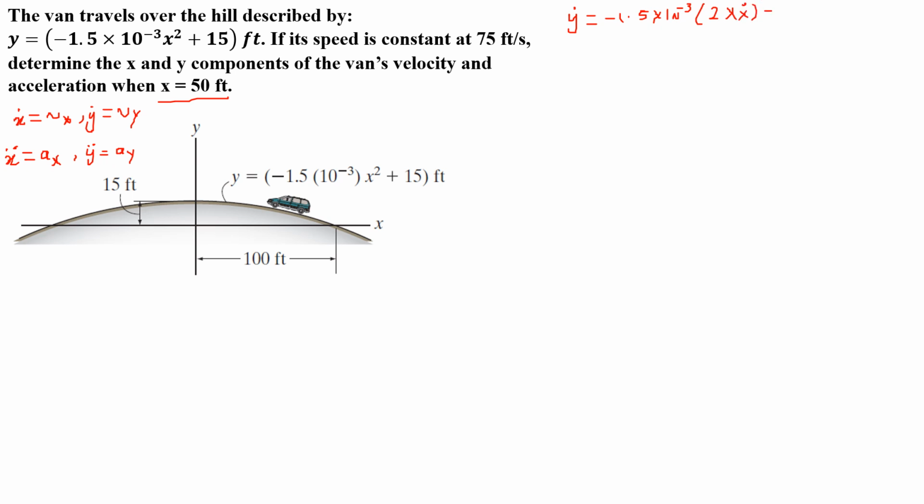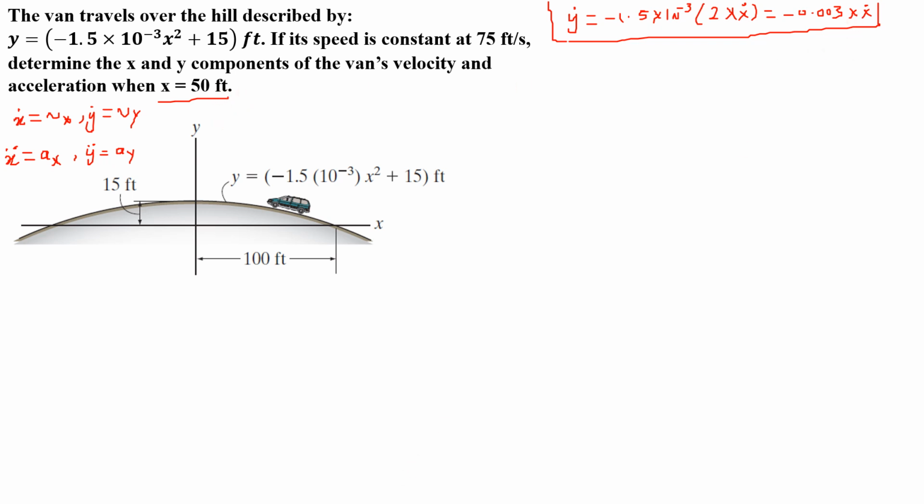And if I simplify that a little bit, this is negative 0.003 x x dot. Okay, so now this is the result. I'm going to keep it for now. Since I would like to find y dot and x dot at x equals 50, let me now replace this x by 50.